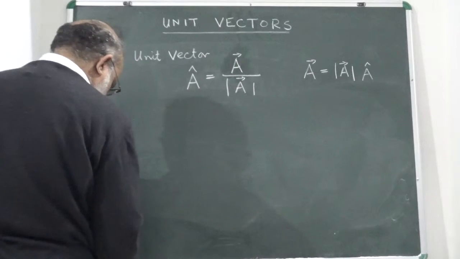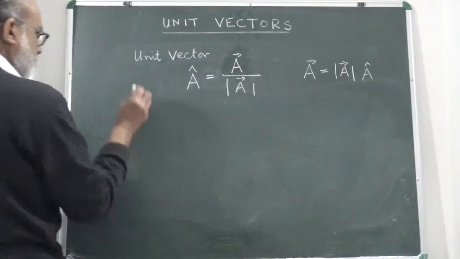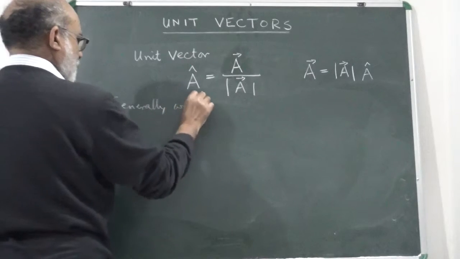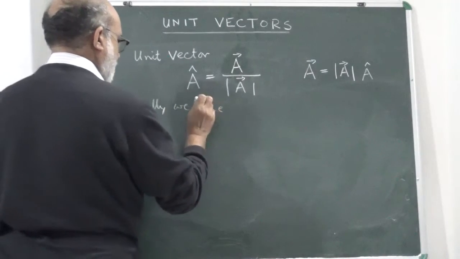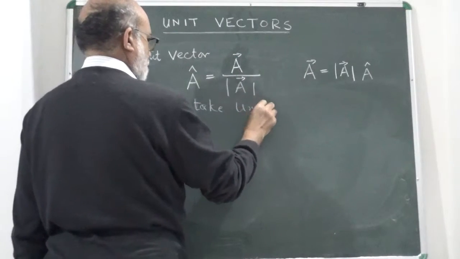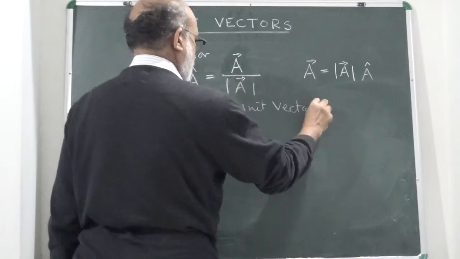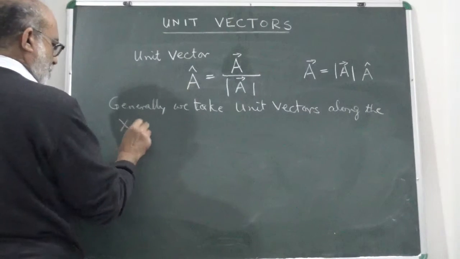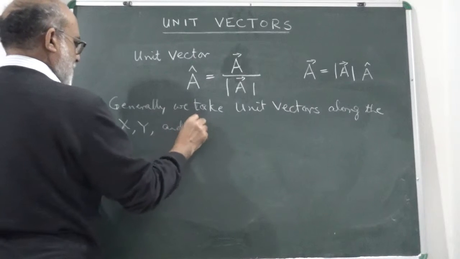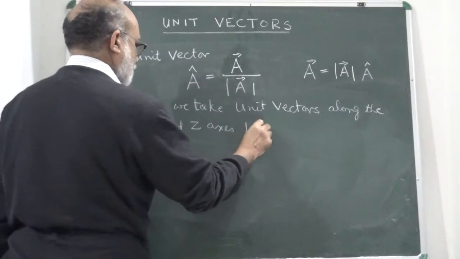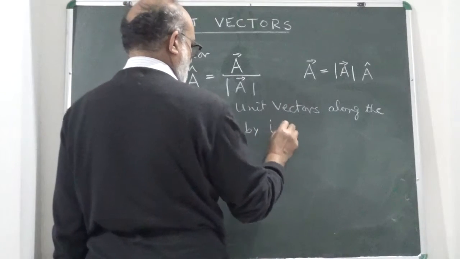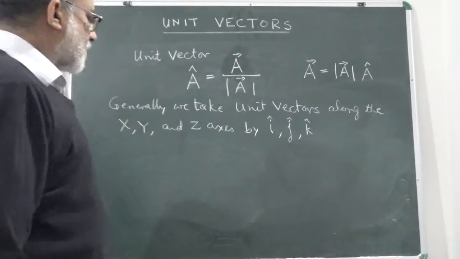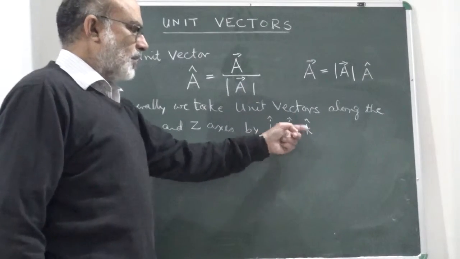It's not a rule, but generally we take unit vectors along the x, y and z axis and denote them by the symbols i, j and k.